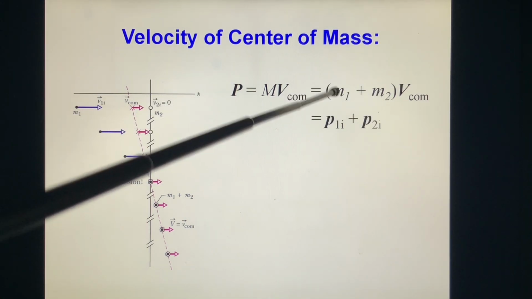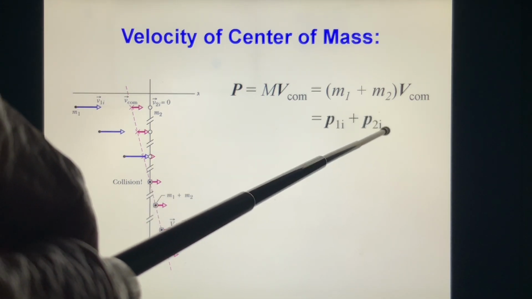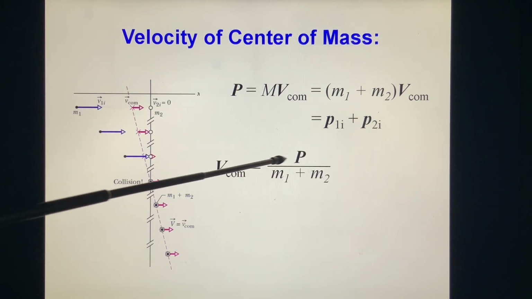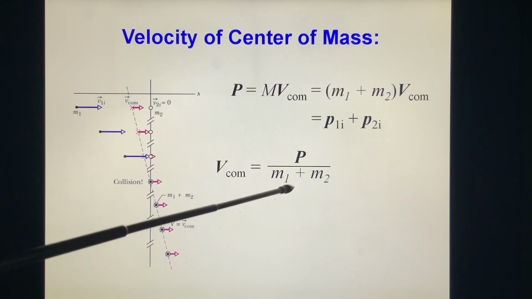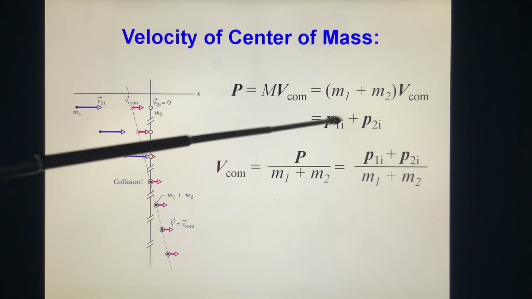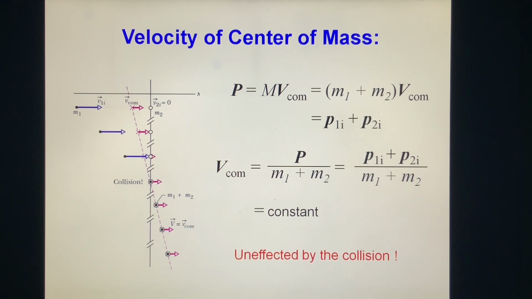This is also P1 initial plus P2 initial. So the V com equals P over M1 plus M2, and this P is equal to P1 initial plus P2 initial. That's the V com. It is always constant, unaffected by the collisions.